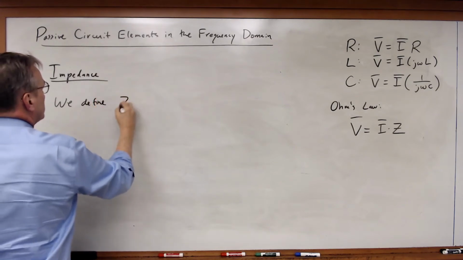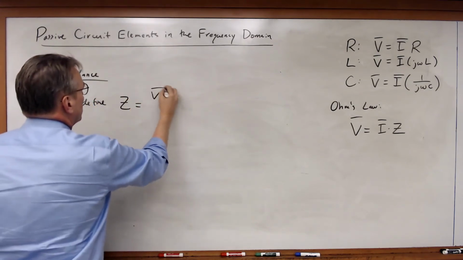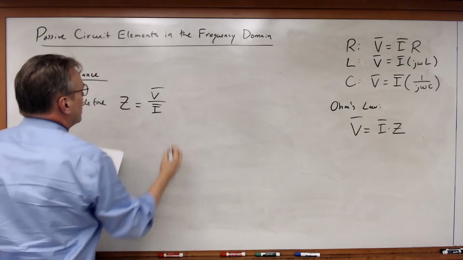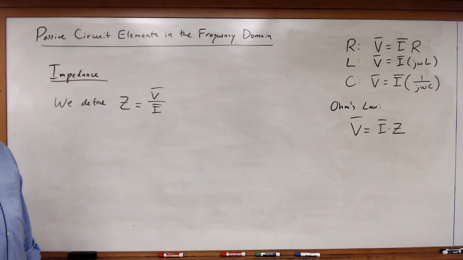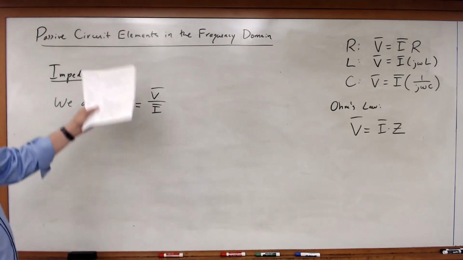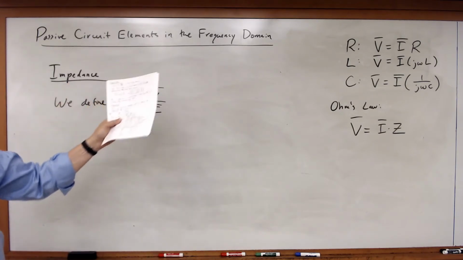We define Z is equal to V, phasor voltage V, divided by phasor current I for any passive circuit element. In other words, any resistor, inductor, or capacitor.